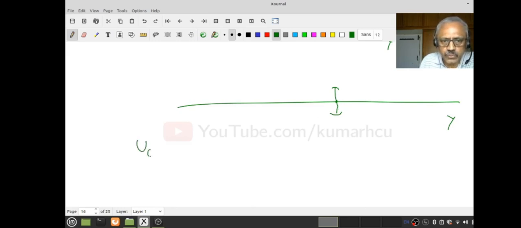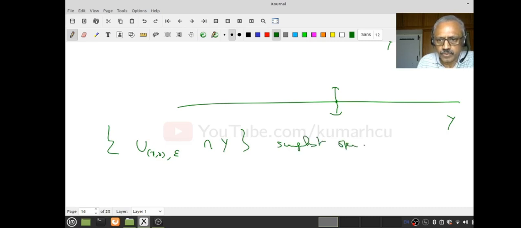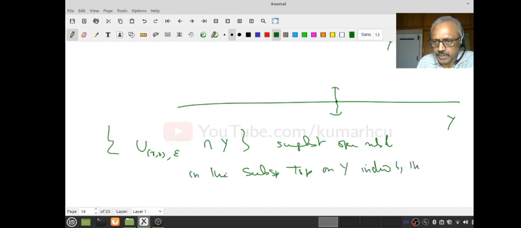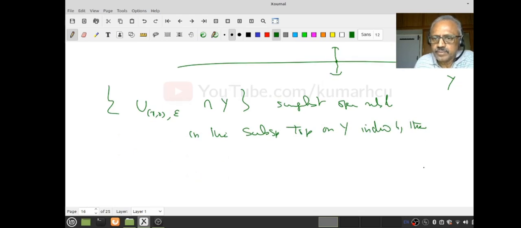So I take the open set U of (x, 0) and epsilon and intersect it with Y. These are the simplest open sets, open neighborhoods, okay, in the subspace topology on Y induced by the order topology on R2.